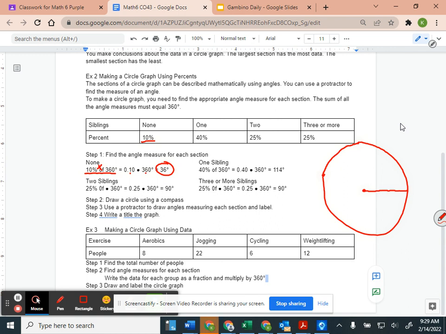Leave your protractor down, and because I went to the right, that's where my 0 is. I need to count up on the inside to where 36 degrees is. I'm going to put a mark there where 36 degrees is, and then I'm going to use my straight line to go to the vertex. So this angle is 36 degrees.